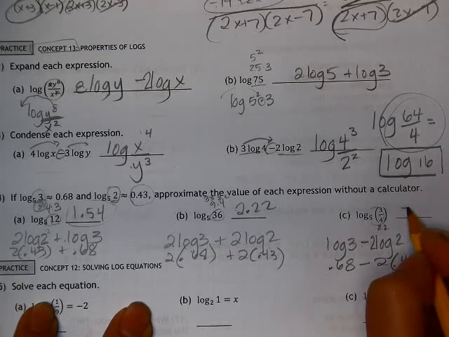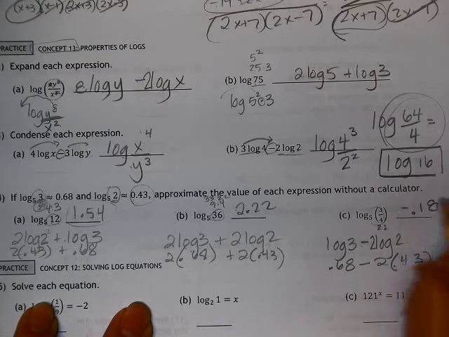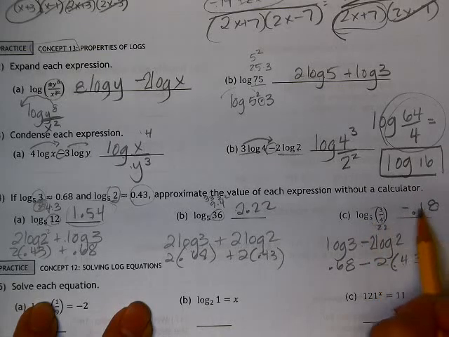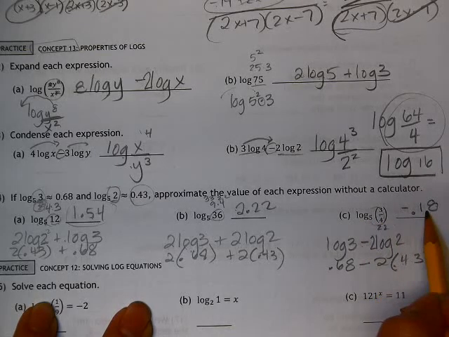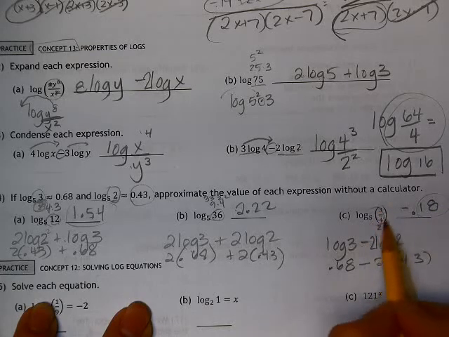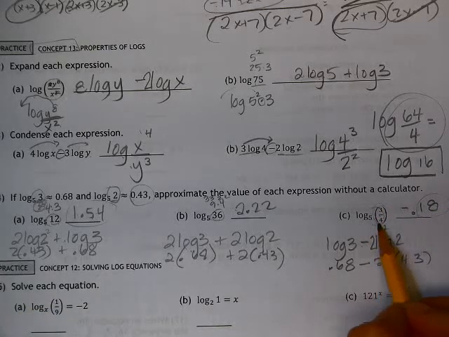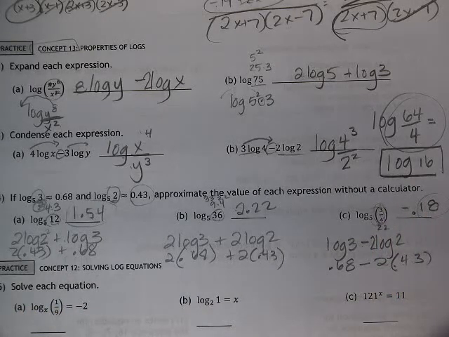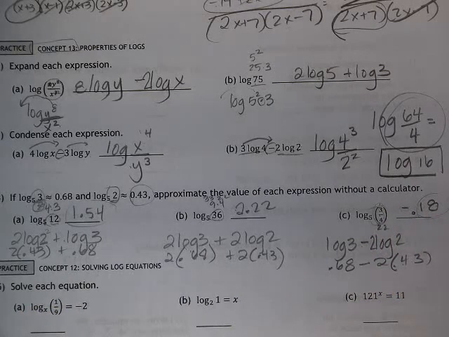Which ends up getting me negative 0.18 as my answer. Does that make sense? A negative is going to flip it upside down, and then a decimal is definitely going to make it a little bit smaller. So that would seem to make sense that I would get this nice little small 3/4 if I were to do all of that fun stuff with it. All right, sounds good.